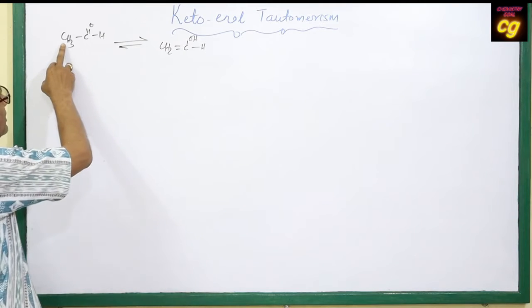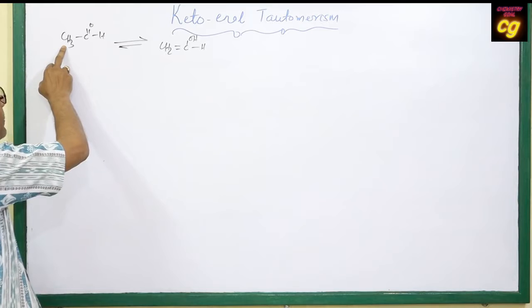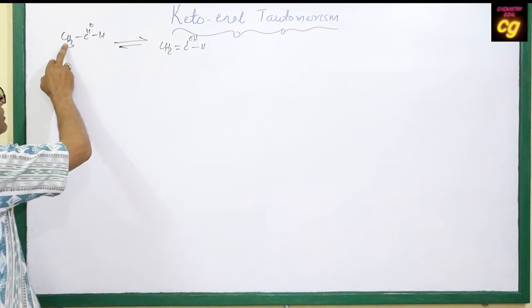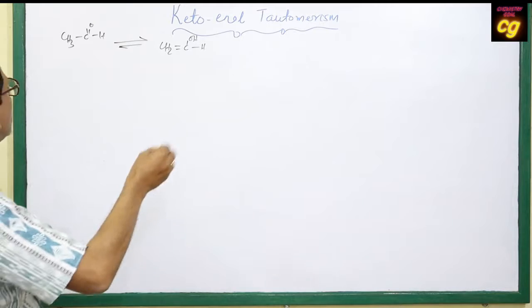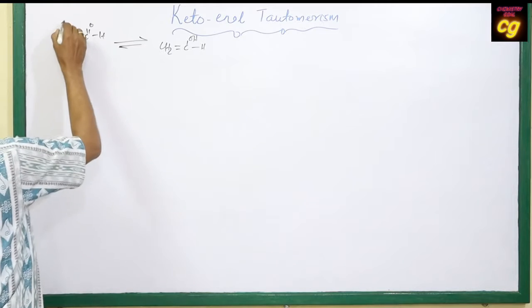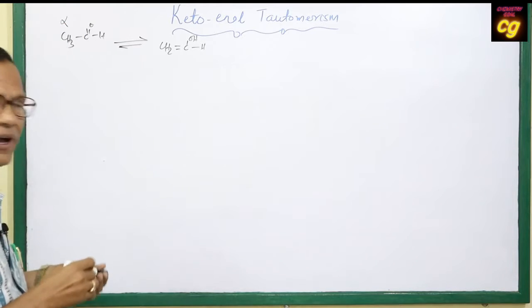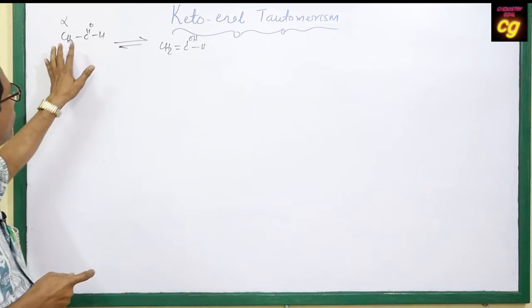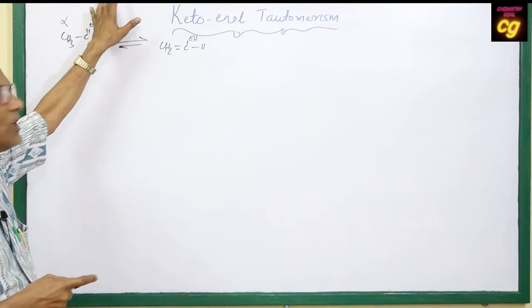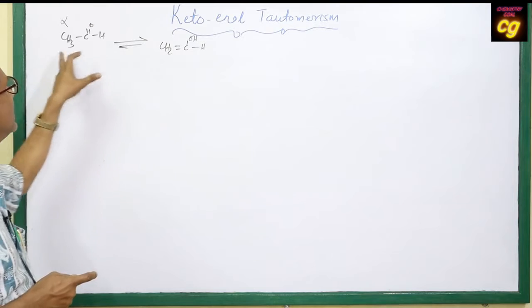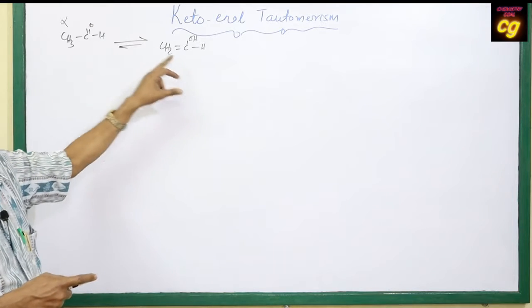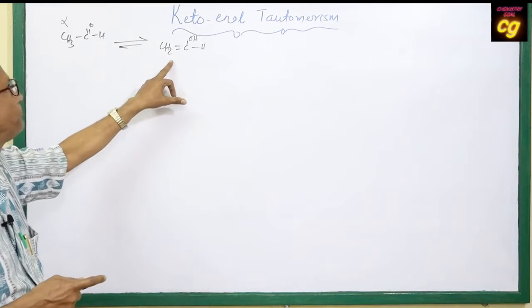Here the hydrogen was on the carbon, in CH3. Now this hydrogen has shifted to oxygen. That is displacement of hydrogen, generally the alpha hydrogen atom. When the alpha hydrogen atom shifts from one atom to another, it results in tautomers, and the tautomers exist in dynamic equilibrium between the two structures.